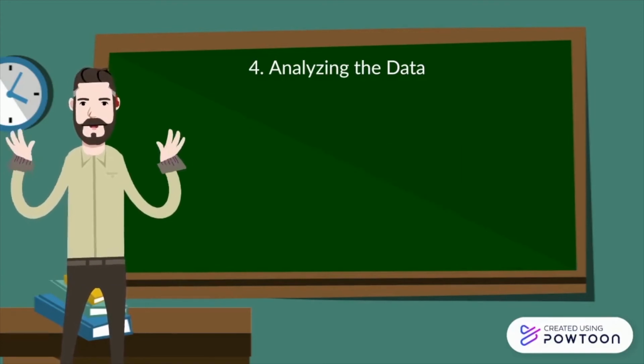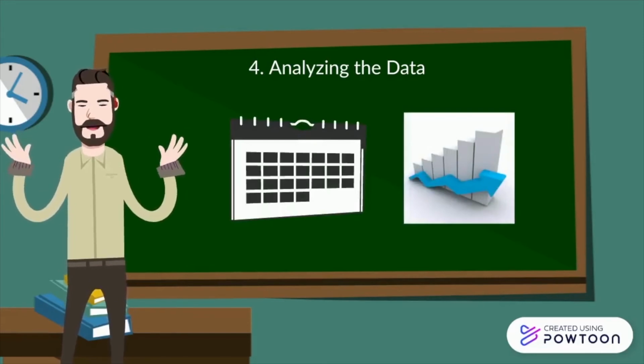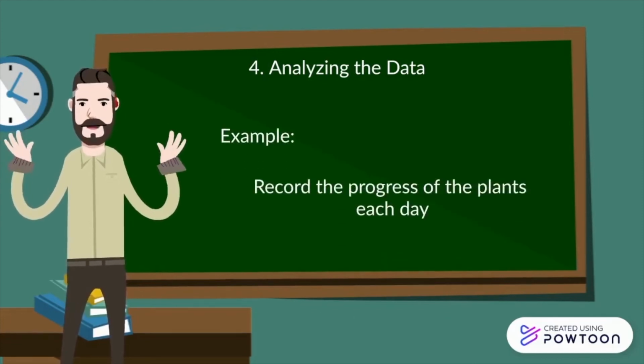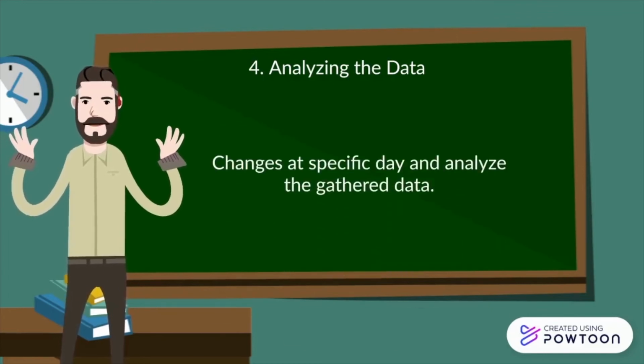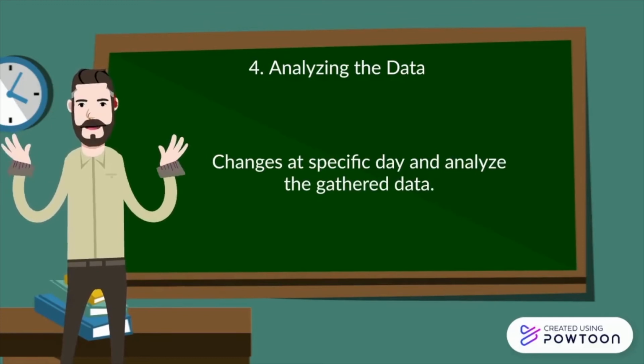Also, in analyzing data, it should be presented in tables or graphs so they can be analyzed or interpreted easily. Example: record the progress of the plants each day. Note changes at a specific day and analyze the gathered data.